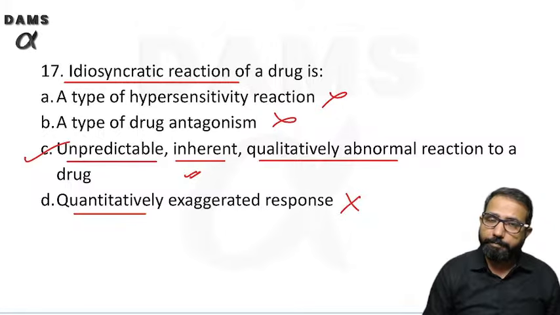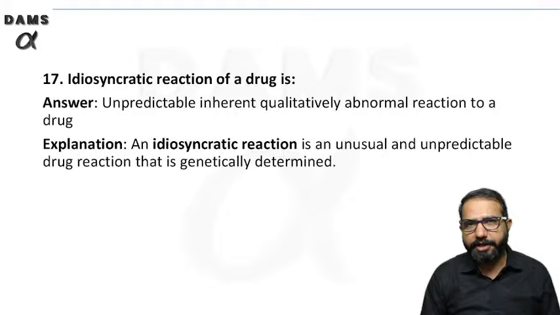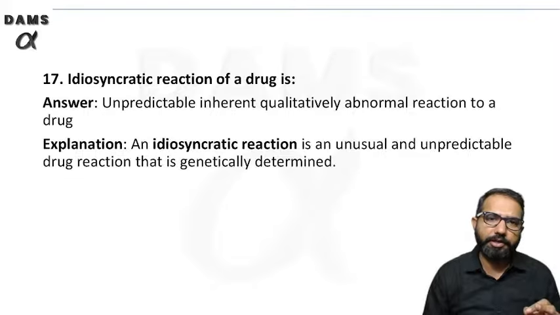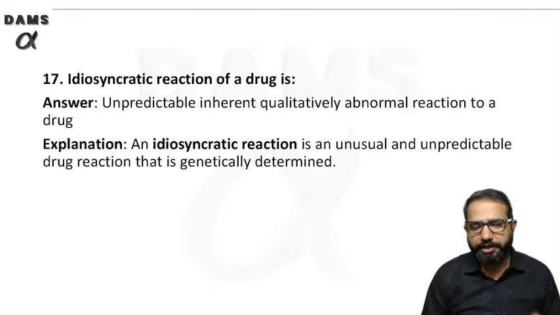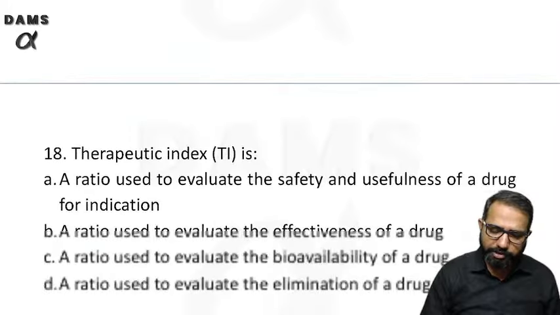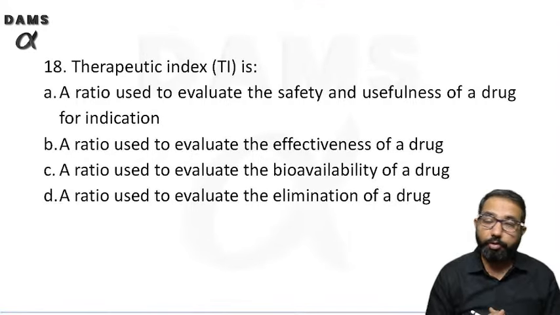It is a type B, bizarre reaction. Option C, idiosyncratic reaction: unpredictable, inherent, meaning gene related, and qualitatively abnormal reaction of a drug. The best example: in some patients chloramphenicol causes aplastic anemia. Not in all, in some patients it can cause aplastic anemia.